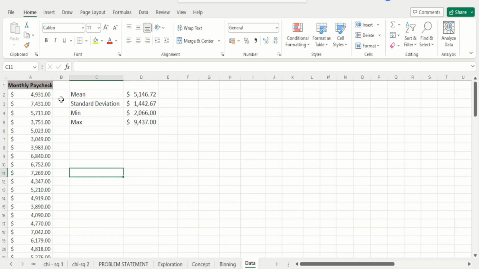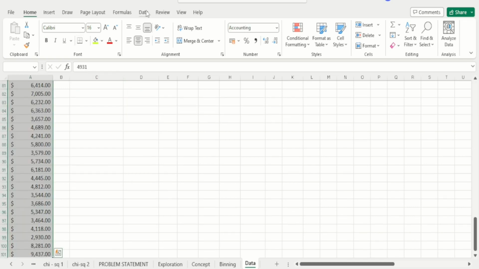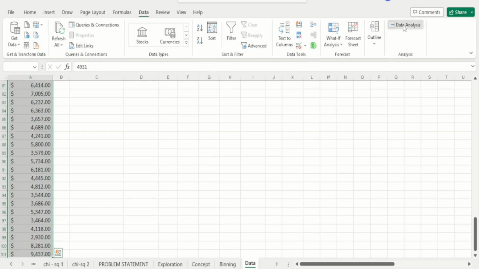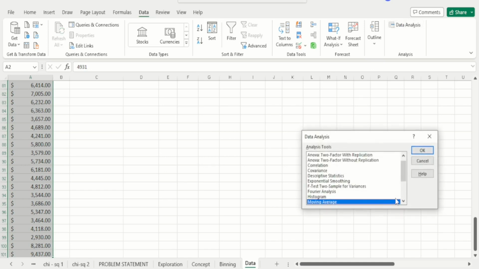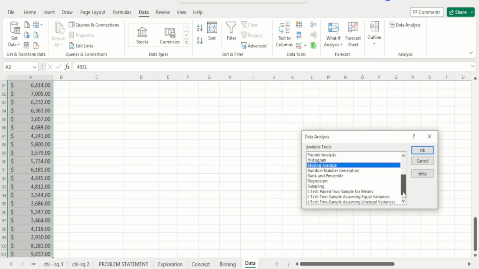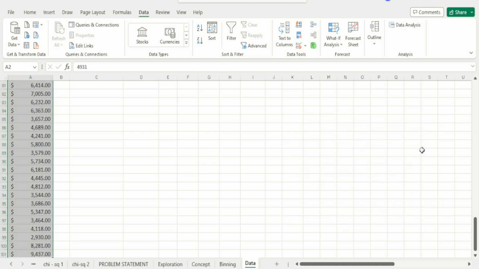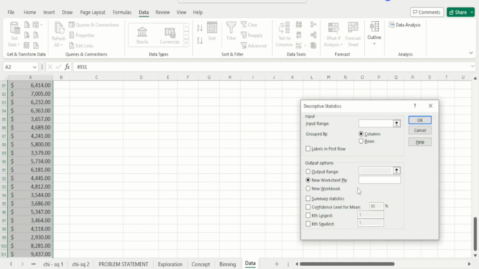In addition, sometimes if you just select this data set and you have the data analysis pack installed, then you can run summary statistics as well. If you go to data analysis and choose the option for descriptive statistics, click on OK. Then the first thing you will have to do is select the input range.